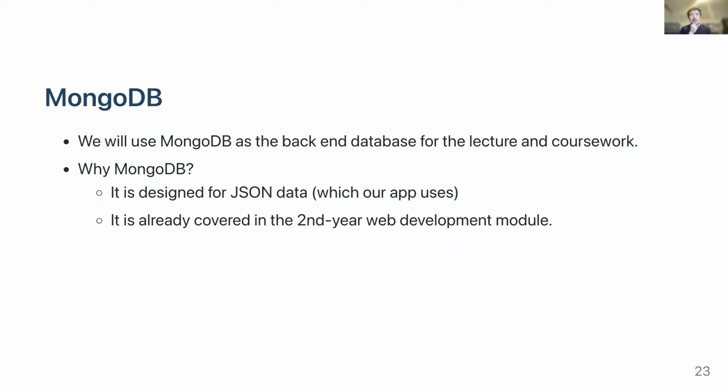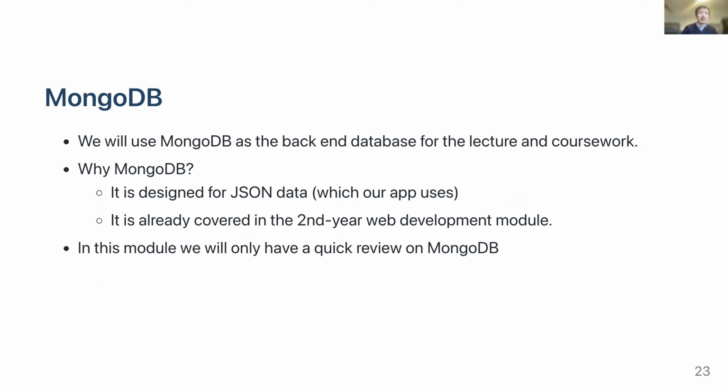I think it's covered in the second year web development module, so you have some knowledge of it, and it's not the point of this module to introduce any new database. So we're not going to cover how to use MongoDB, but we will introduce some graphical user interface tools. So even if you don't know how to use MongoDB before, you should be able to pick it up very quickly.